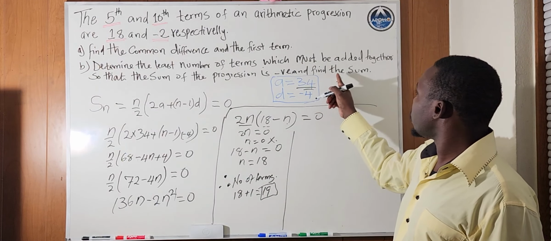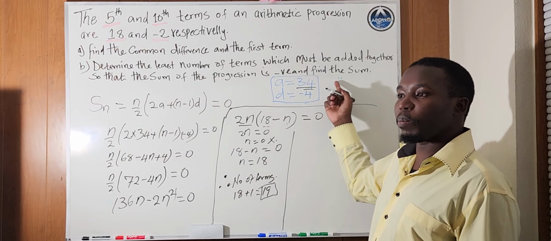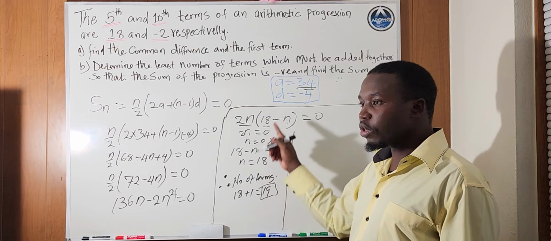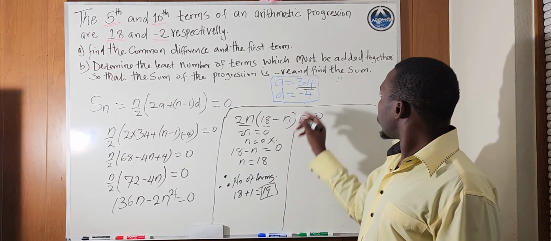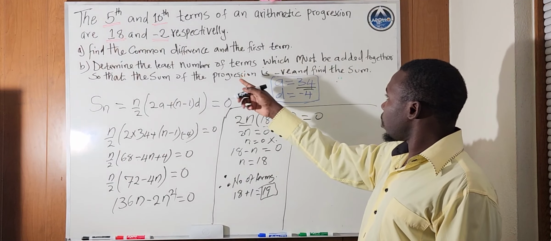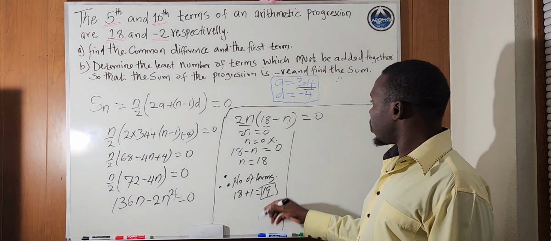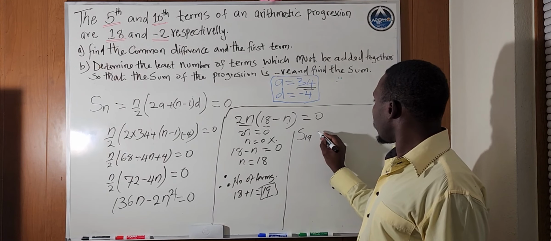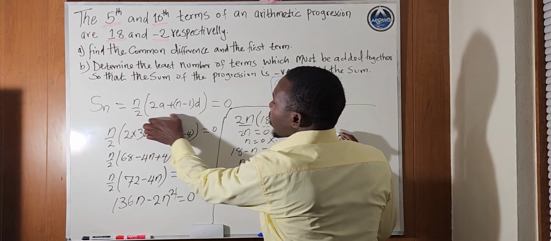Now the last part says find the sum. This is actually the proving part, that you got the answer right. If it cannot give you the negative, then be sure that you got a wrong number of terms. So the last part is to find the summation of all those terms you found. So we have n is 19. We can say S19, the summation of 19 terms, will be given by the formula right here.